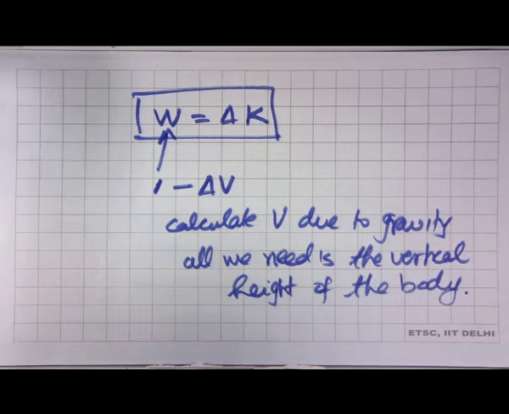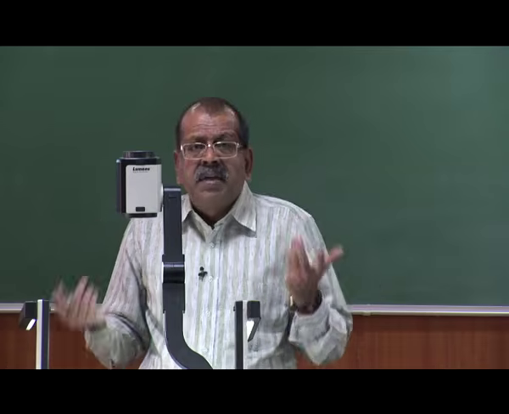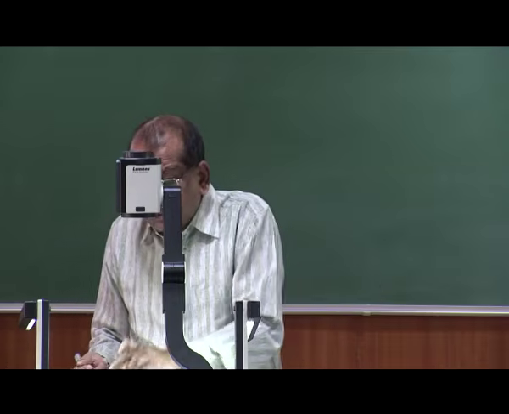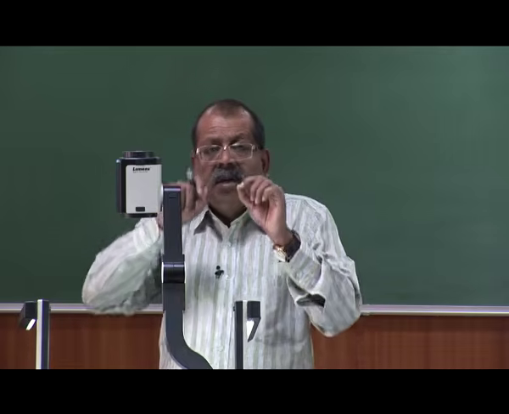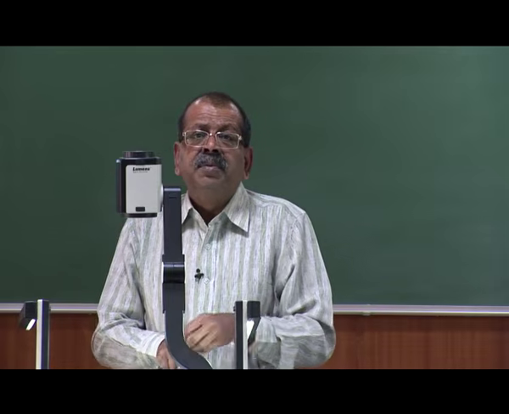So, whether the body is moving along a curved path or inclined path, it does not matter. At the position of interest, we need to find the vertical height with respect to some reference position.